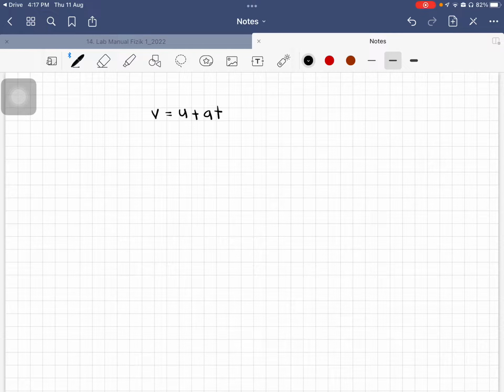If we convert it to y equal to mx plus c, we just need to rearrange it: v equal to at plus u. Now your v is the y-axis, your a is the gradient, your t is the x-axis, and your y-intercept is u.